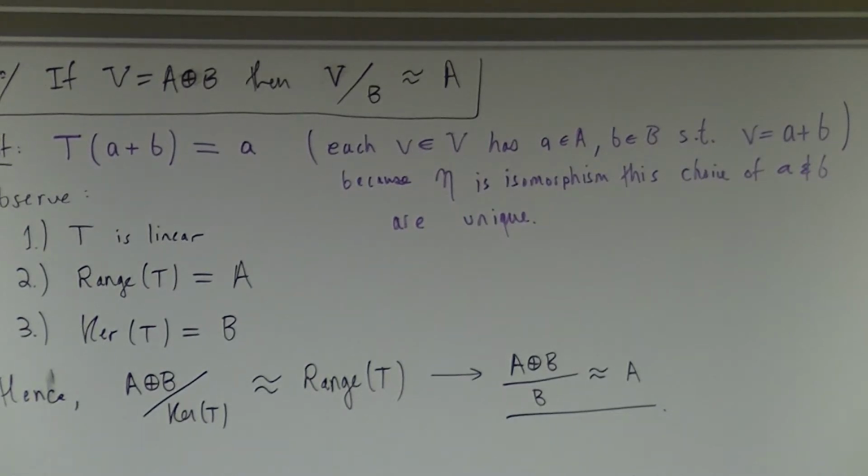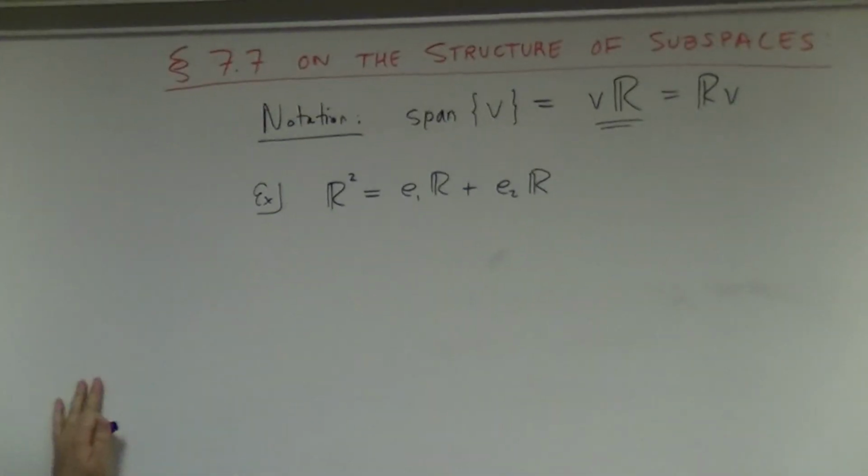So for example, R2. What is R2? R2 is, you could think of it as e1 times R plus e2 times R. Now, can I put a circle around that plus?